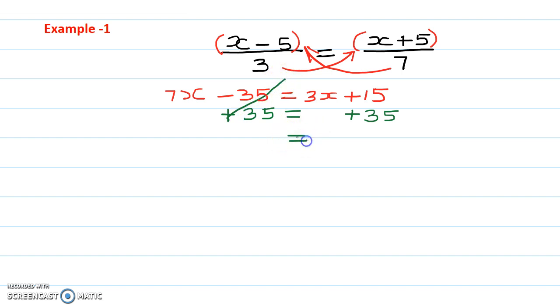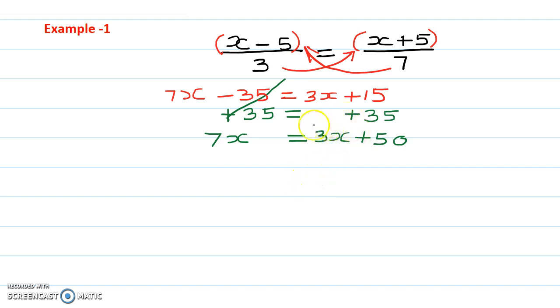So write down the equal sign. On the left hand side we are left with 7x. On this side we are left with 3x, and 35 plus 15, if you add, will be 50. Okay, nice and easy.